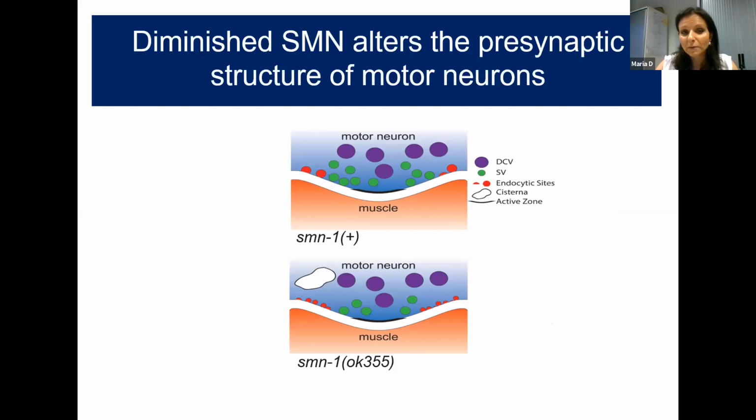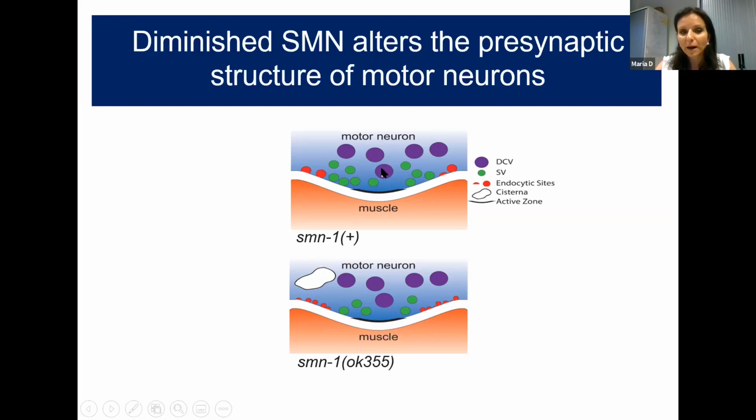So just to give you a bit of a cartoon, this is basically the motor neuron, the neuron, and that's the muscle. And here you've got lots of different vesicles. This is what happens in the wild type, in the healthy worm, and this here is what's happening in the SMA model. The SMA model is called OK355. This is how the mutation is called, but you don't need to remember all these details.